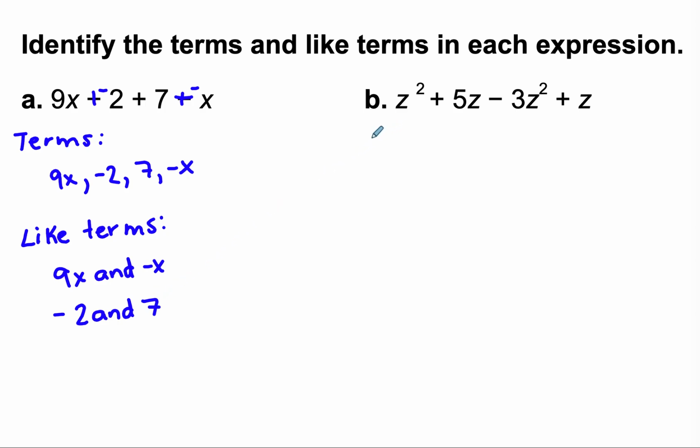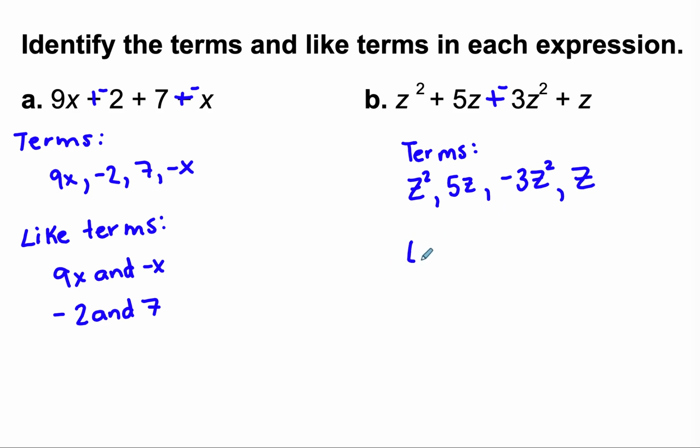Okay, let's take a look at B. z squared plus 5z minus 3z squared plus z. So again, I'm going to do boom, change to addition, boom, change the sign. I'm going to start with my list of terms. All right, z squared, comma, 5z, comma, I'm putting the commas where the plus signs are, -3z squared, and z.